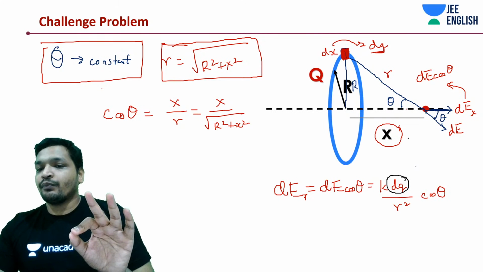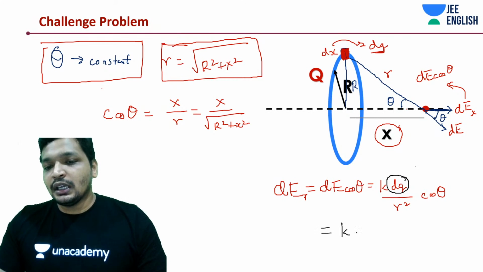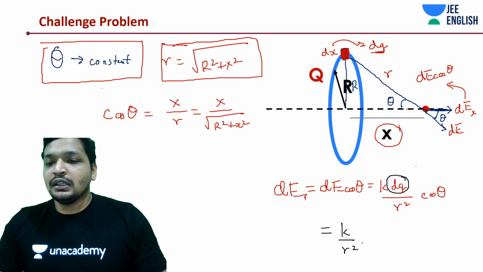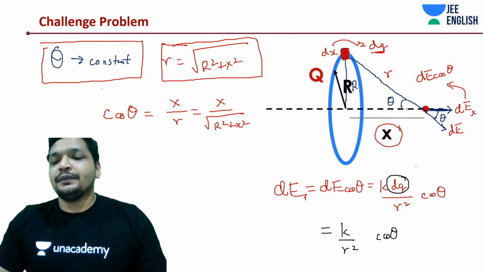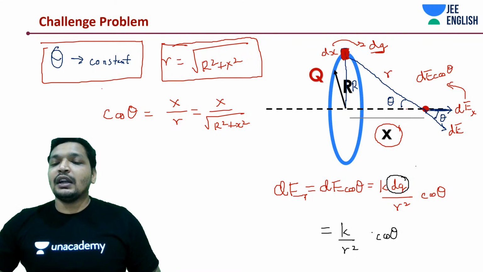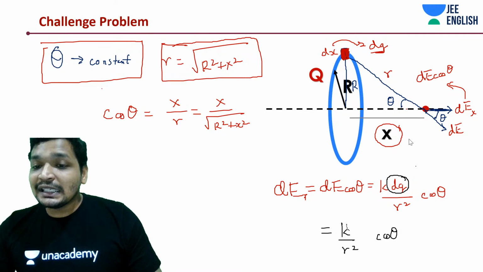No. Really simple. This is going to be k divided by r squared into cos theta. That is the only component left over, and cos theta is also not varying. Since theta is constant, cos theta is also constant.